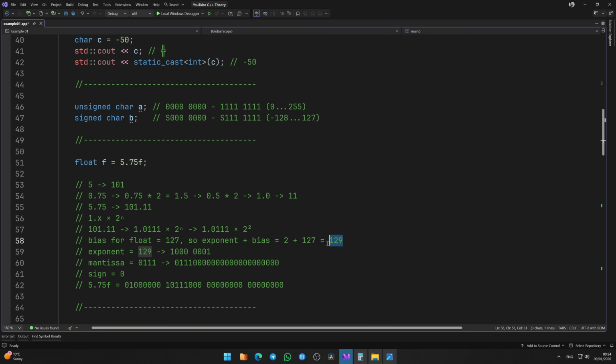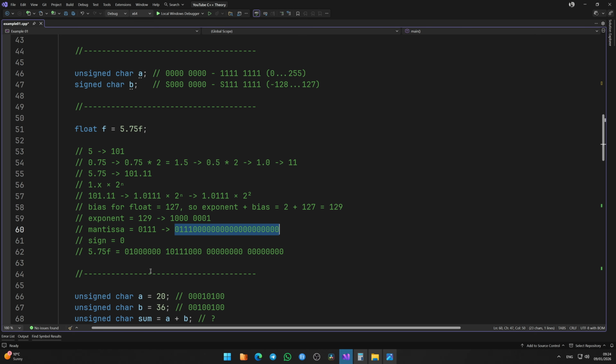In binary, 129 equals 10000001. The mantissa is what comes after the leading 1, that's 0111. We only have 4 bits so far, but the mantissa field must be 23 bits. So we pad the rest with zeros to the right, giving us 23 bits total.